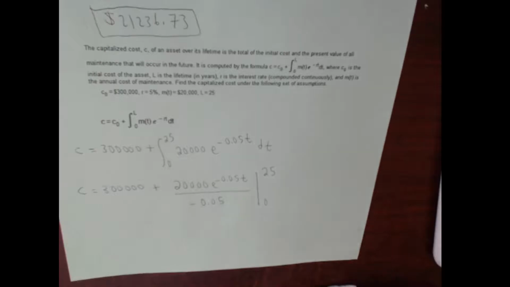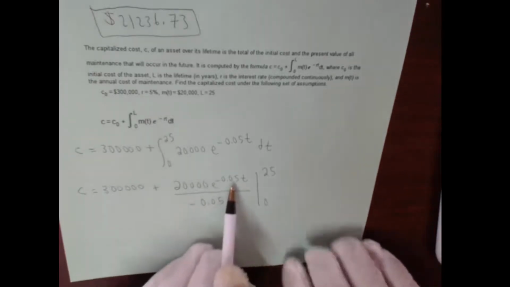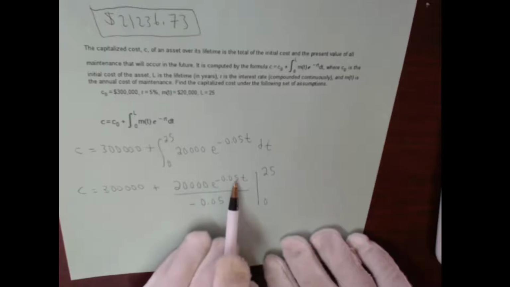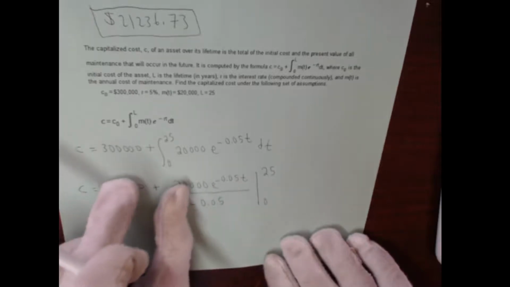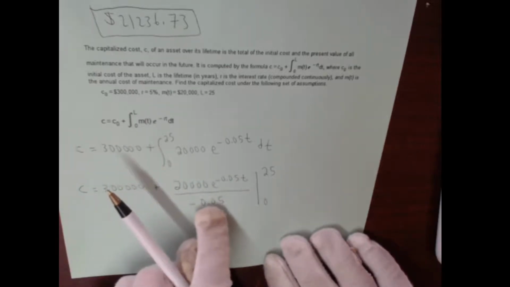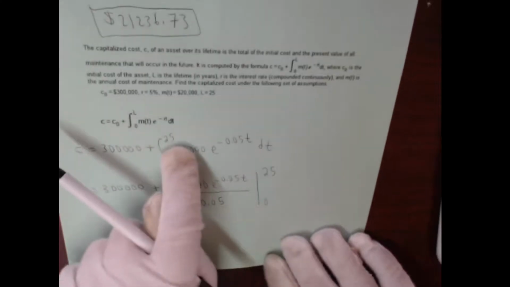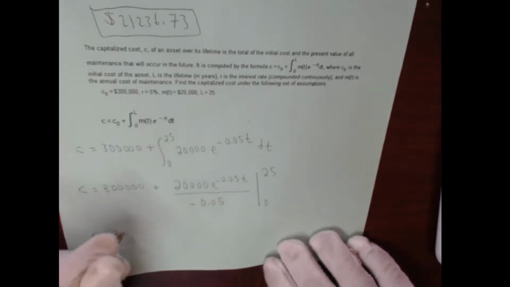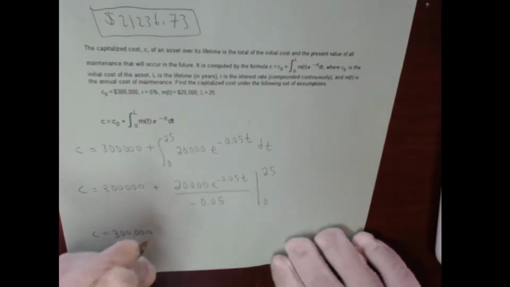Take a look at that and see if you can understand why that would be the integral. It's because if we take the derivative of this, everything I just said comes true. This stays the same, but the negative 0.05 comes out. That would then cancel with the negative 0.05 here, and we would just end up with the result that we have right here. So fairly straightforward integral. This will be 300,000.